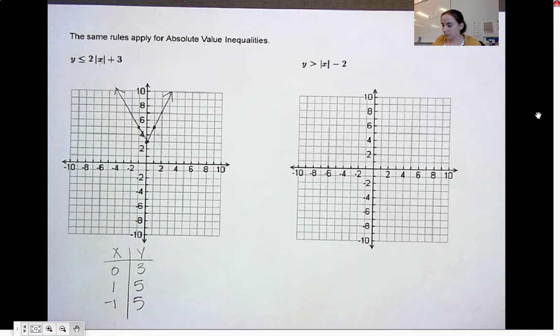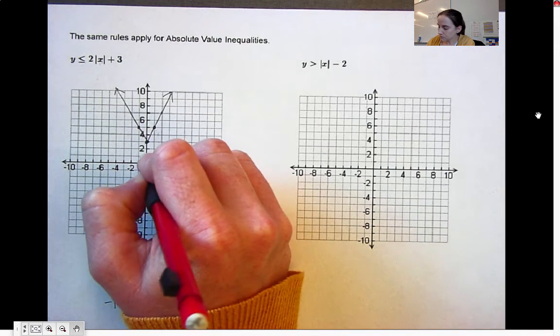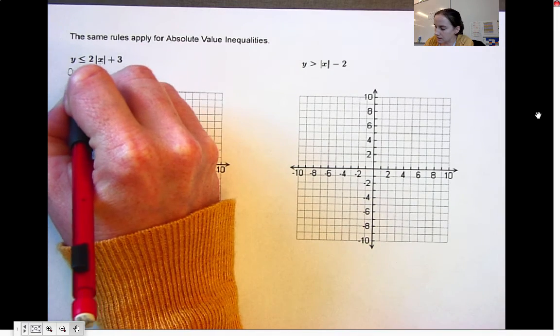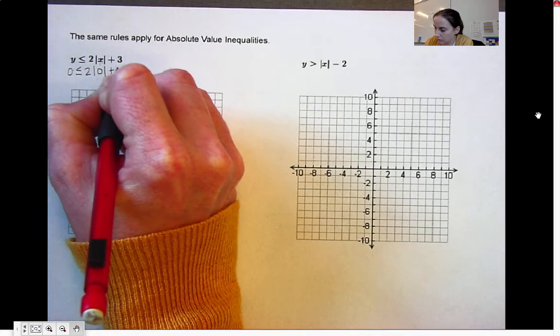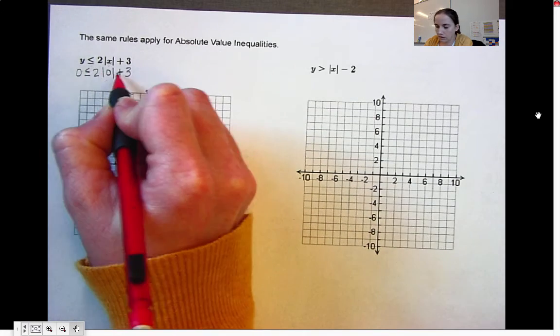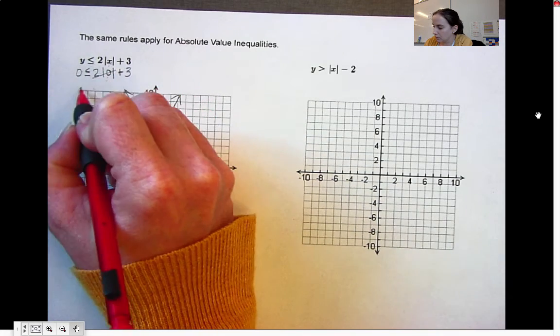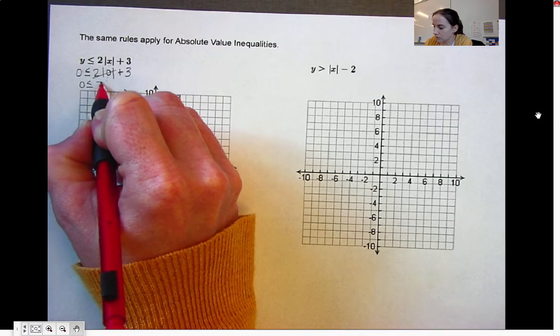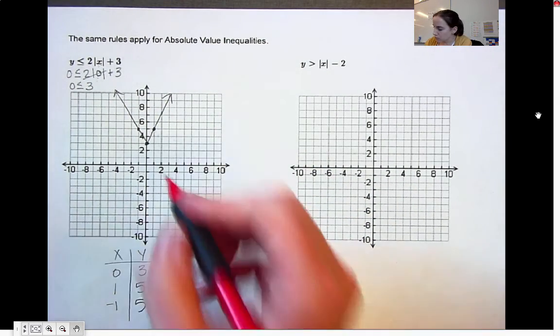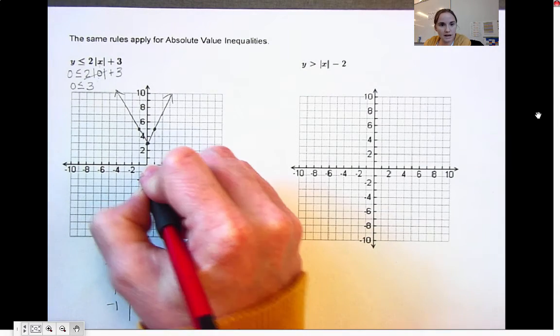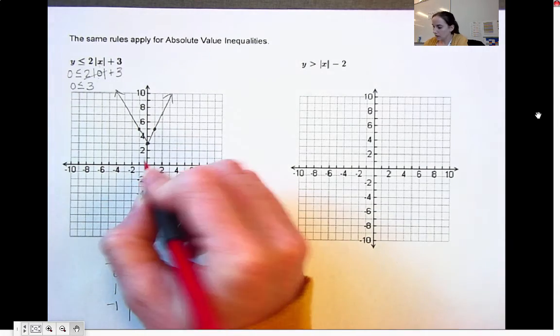But if I used a test point 0, 0, and I plug in 0 is less than or equal to 2 times the absolute value of 0 plus 3. Well, this cancels out because it'll be 2 times 0. And we'll have 0 is less than or equal to 3. That is true. 0 is less than 3. So since 0, 0 is here, I want to shade everywhere that includes it.